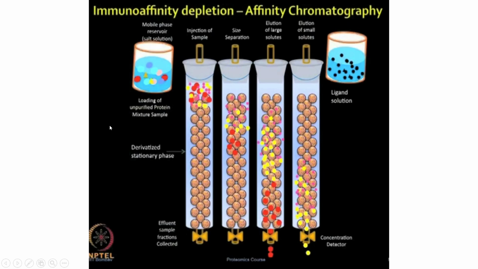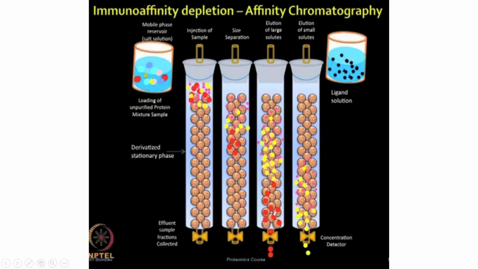As I said, in the serum there are certain abundant proteins, the high molecular weight proteins. So initially, a gel-based chromatography technique is performed, wherein there is injection of the sample, then size separation, then we do elution.